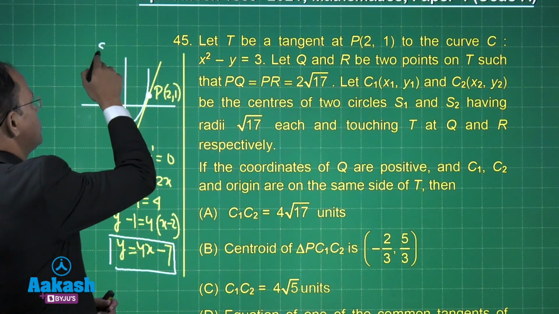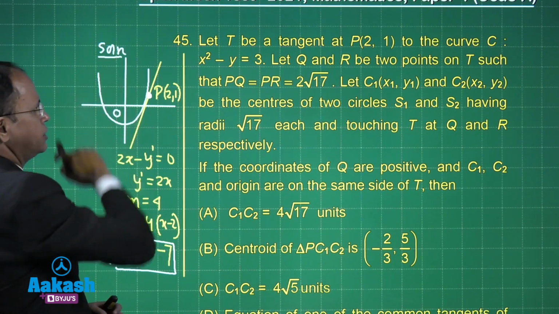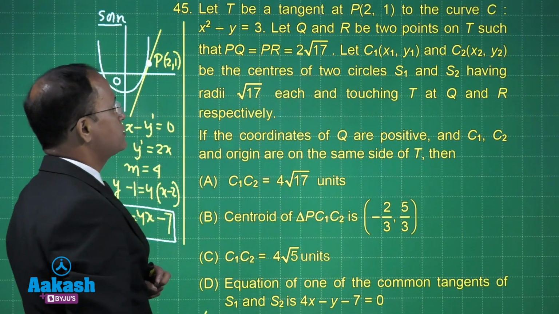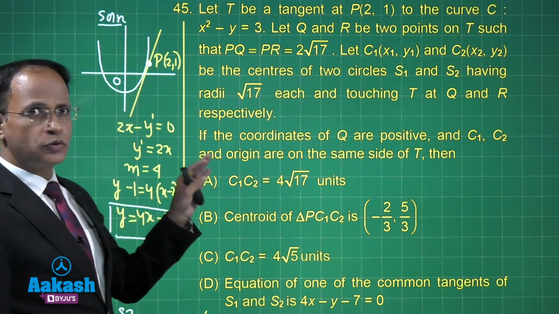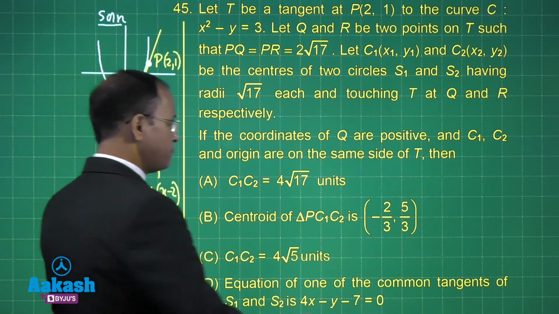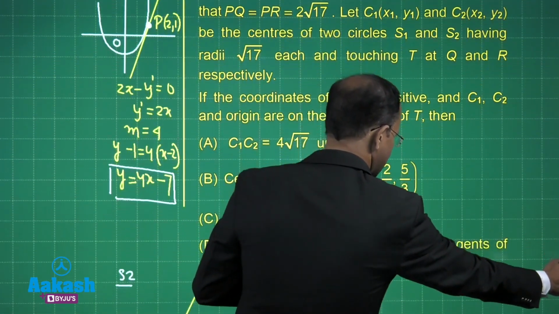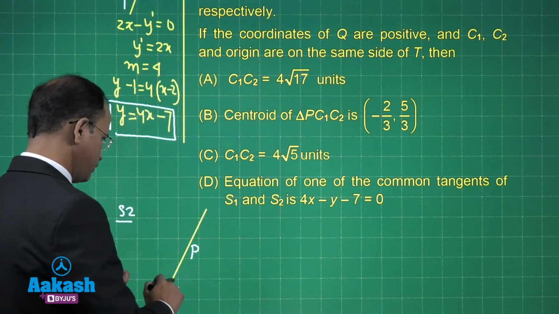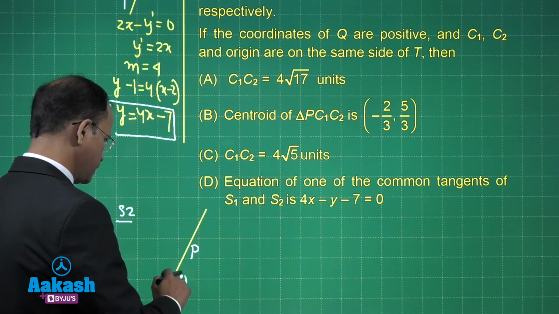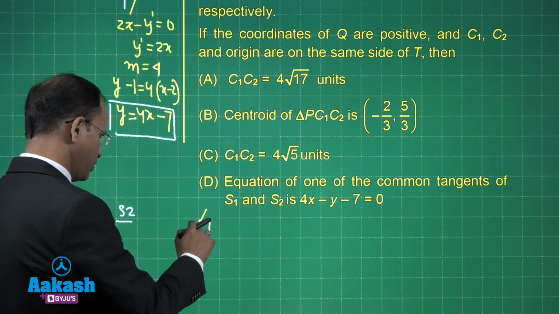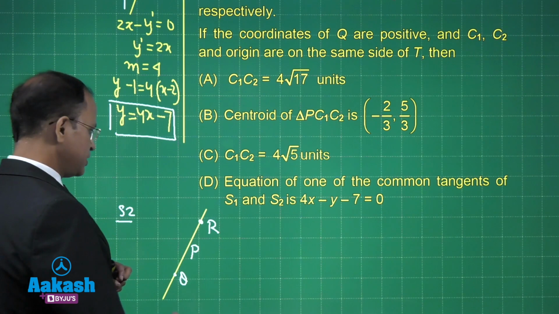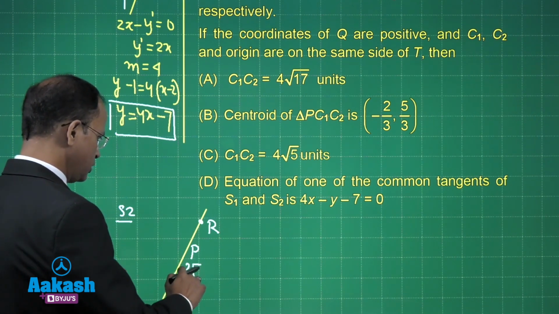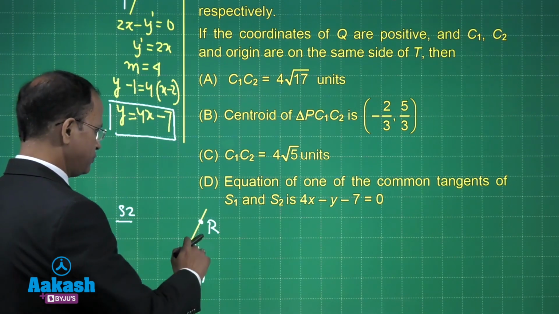So, we will start with the solution. Q and R are 2 points such that PQ and PR are equal to 2 root 17. P is a point, and we have Q and R, with 2 root 17 on each side.